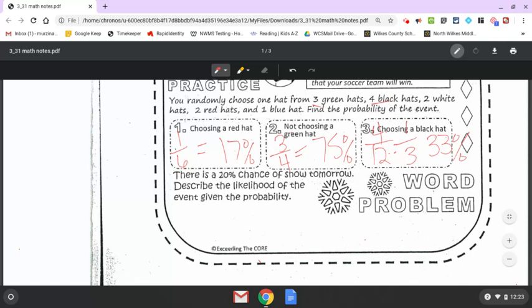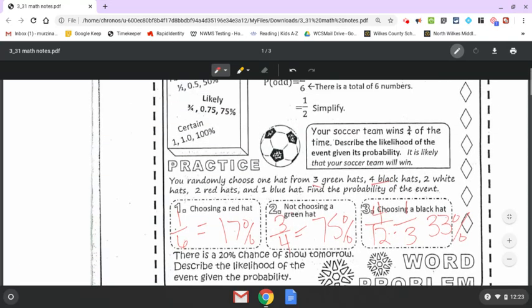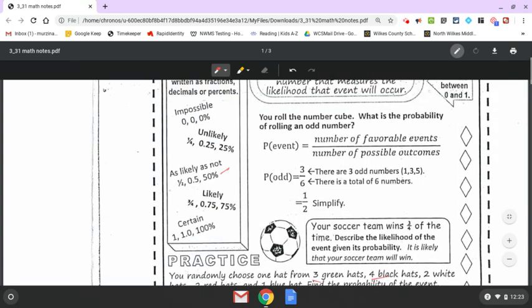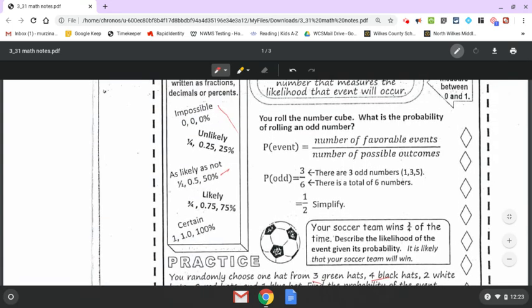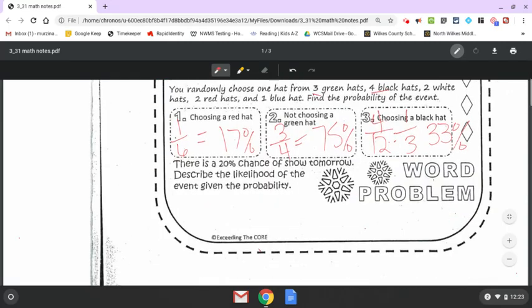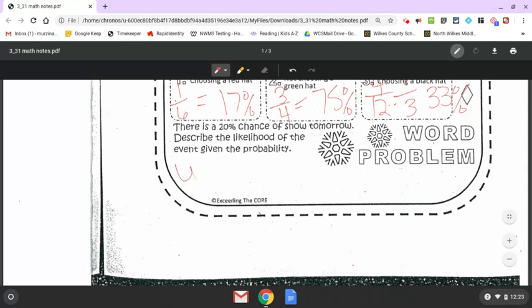Well, just like we've been referring back up there, looking at our probability scale and these terms here, we know that there's a 20% chance. So 20% falls in between impossible and equally likely. So we would say it is unlikely. It is unlikely to snow tomorrow.